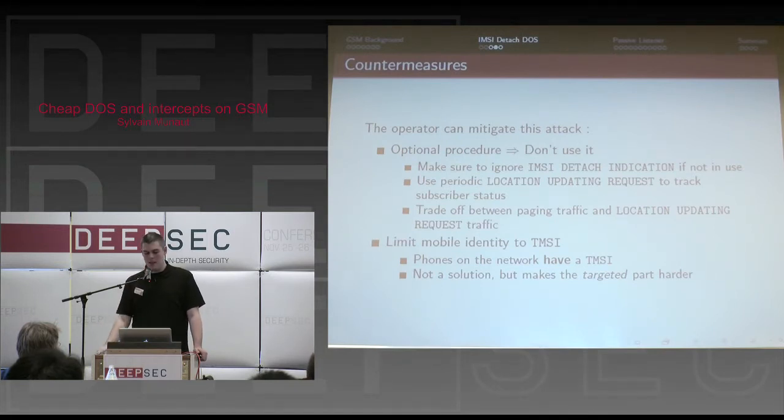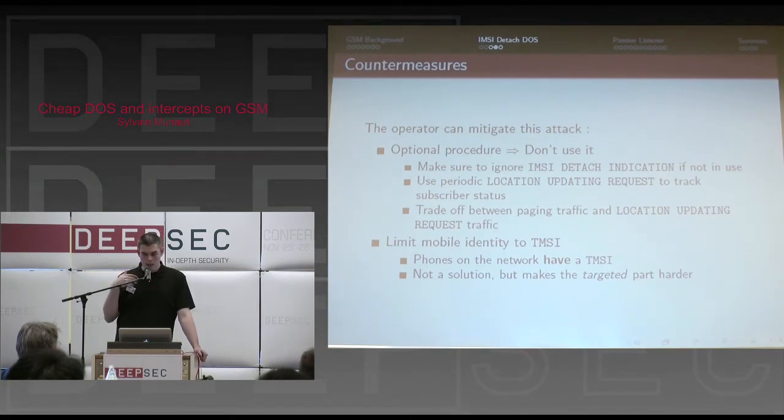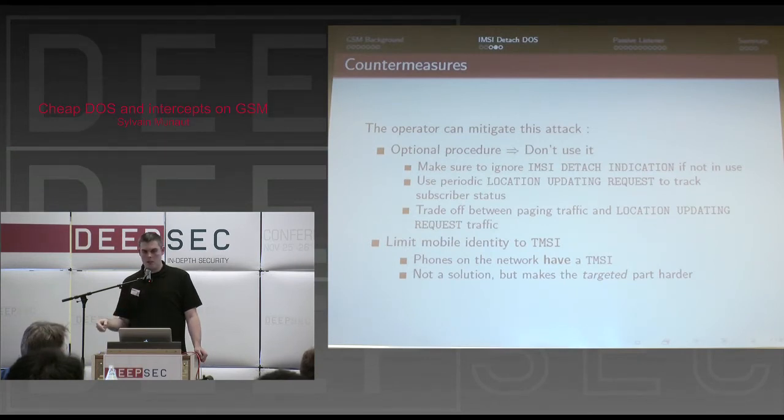Something else you can do is just refuse incoming IMSI detach where the identity is specified by IMSI. In the IMSI detach indication message, you can either detach a specific IMSI or a specific TMSI, so either with the global identity of the subscriber or its temporary identity.